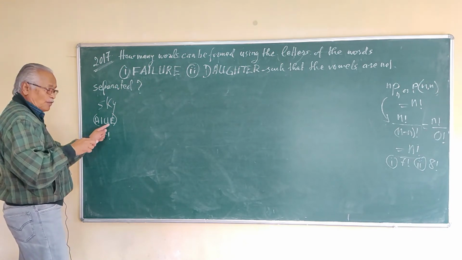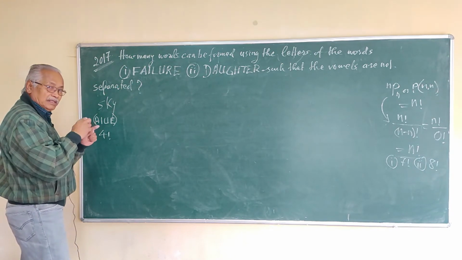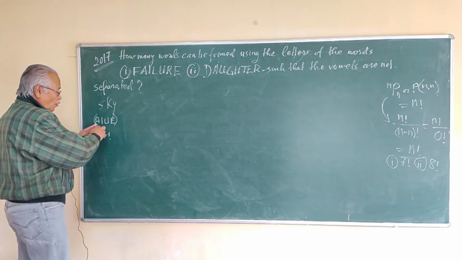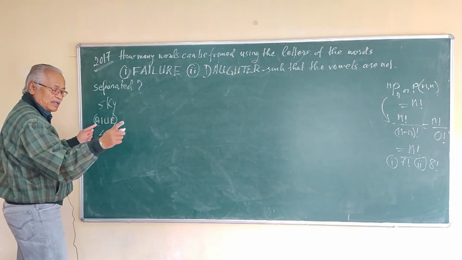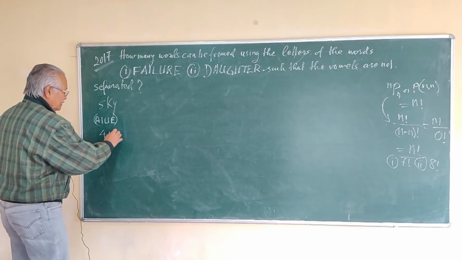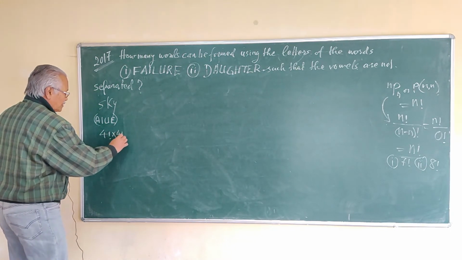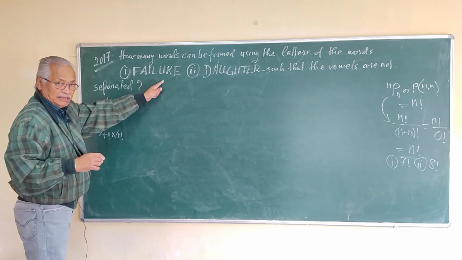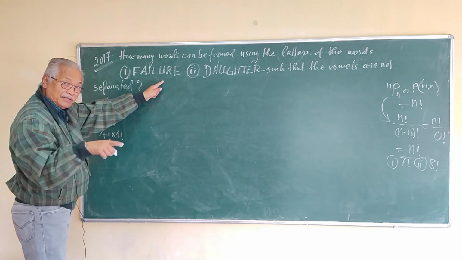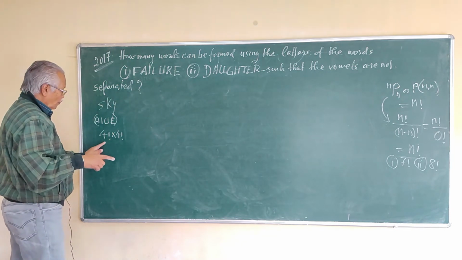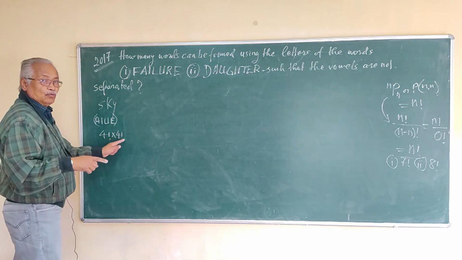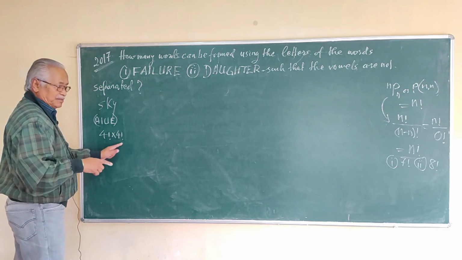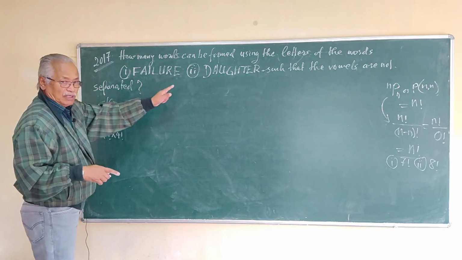There are 4 vowels, so they will interchange in 4P4 ways, that is 4 factorial ways. So altogether the number of words that can be formed using the letters of the word FAILURE so that the vowels will never be separated will be 4 factorial into 4 factorial, right? A similar treatment you can give for the second one.